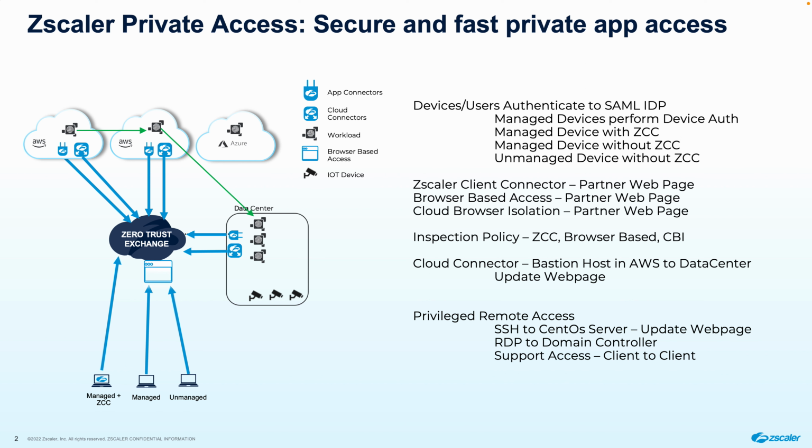I'll show how Cloud Connector running in my AWS environment is able to connect from AWS into the data center, and I'll show you privileged remote access, SSH, RDP access, and how to do client-to-client for support access through privileged remote access.